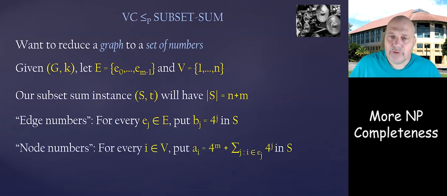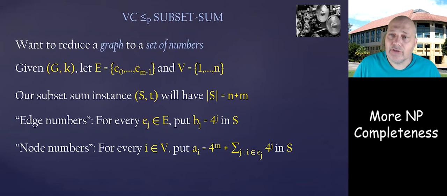The node numbers are slightly more sophisticated. So the edge numbers are just 4 to the index of this edge. And the node numbers are 4 to the m plus the sum over all j's such that the vertex i is one of the endpoints of the edge e_j.